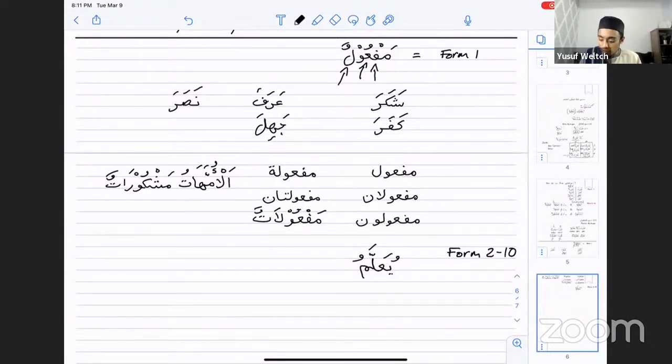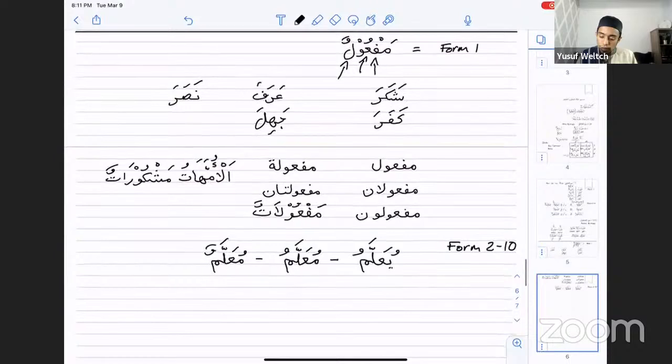He is being taught, right? But the same process applies. You change the first letter to a meem with a dhamma, mu'allamu, and then you change it to a tanween. Mu'allamun. How would you translate mu'allamun? If yu'allamu means what?